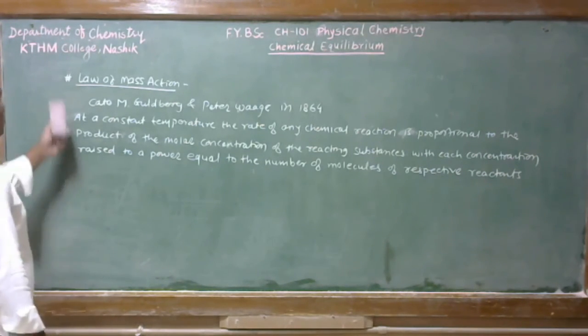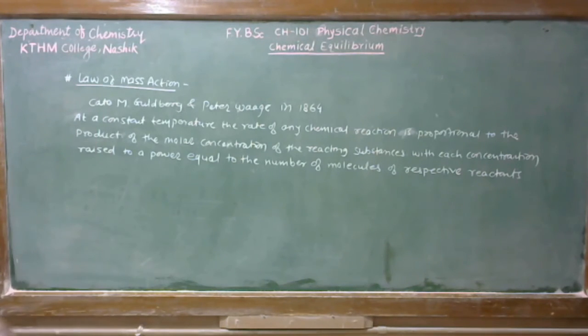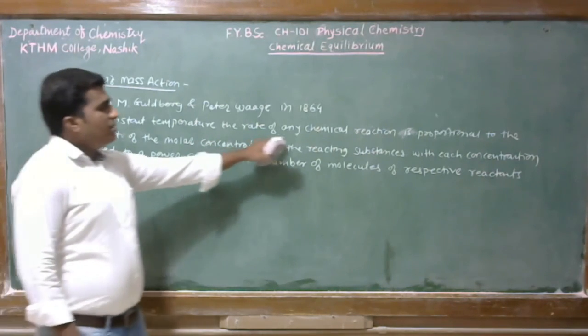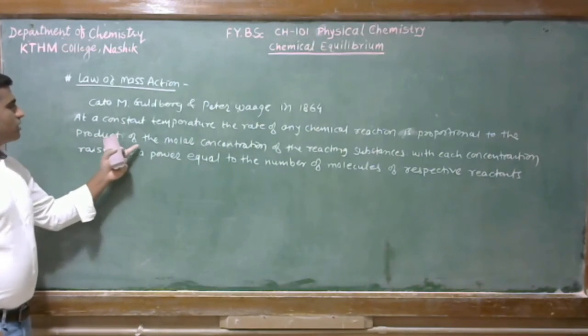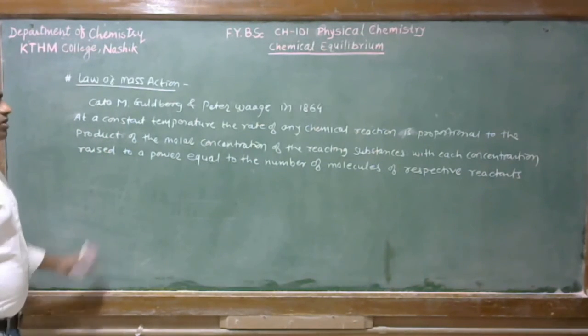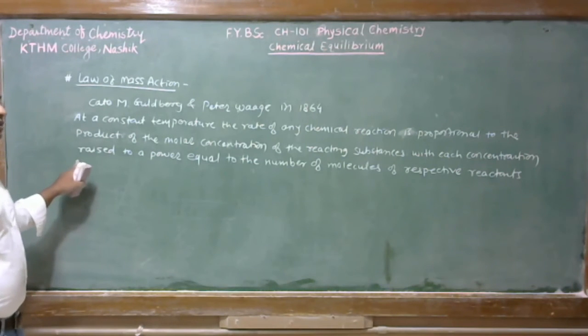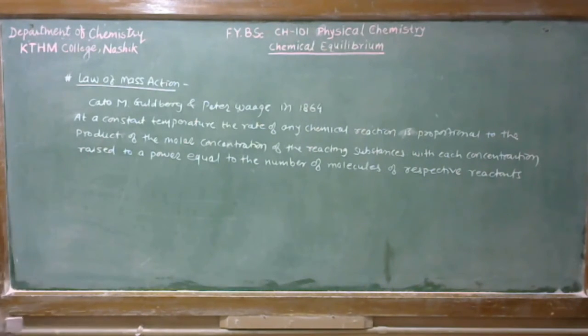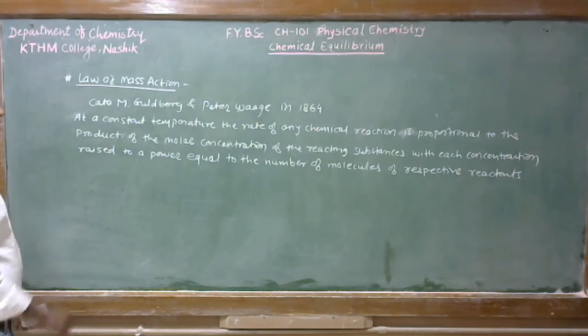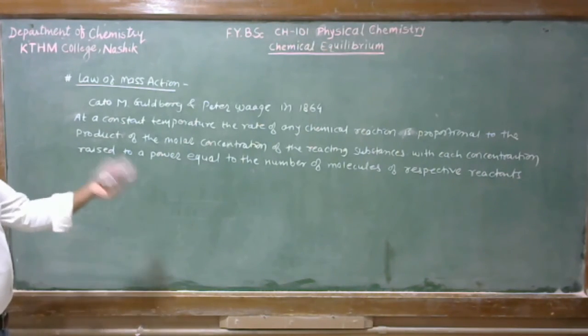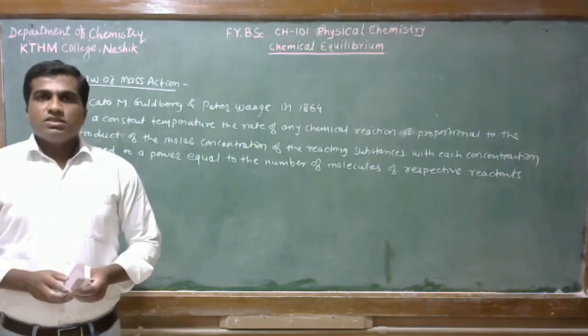So what do you mean by law of mass action? The law of mass action states that at a constant temperature, the rate of any chemical reaction is proportional to the product of the molar concentration of the reacting substances, with each concentration raised to a power equal to the number of molecules of respective reactants in a chemical reaction.